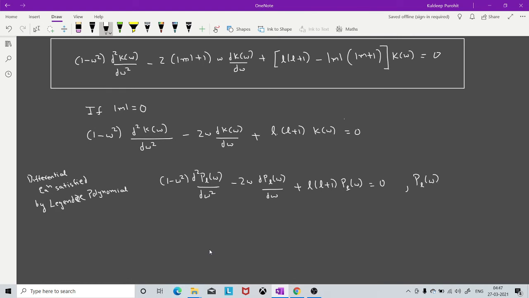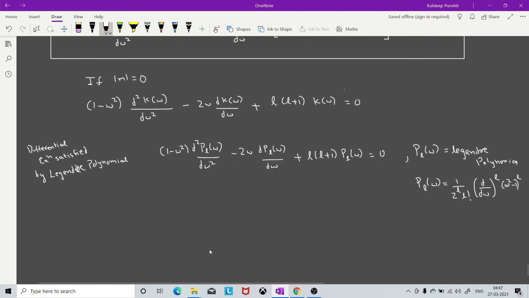where P L of omega is the Legendre polynomial, and this P L of omega is written as 1 upon 2 raised to L into L factorial, d by d omega raised to L, into omega square minus 1 raised to L. So this is the thing.